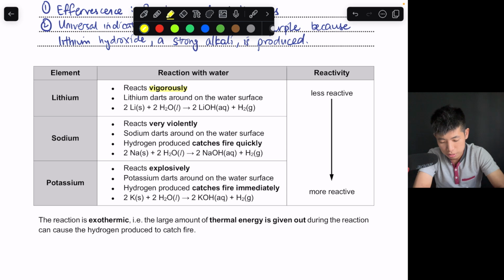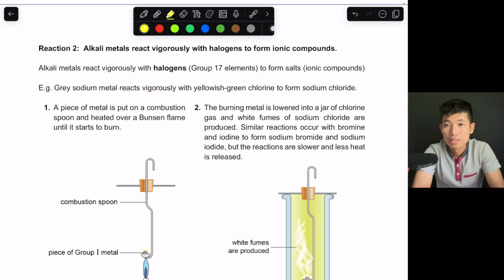Notice how we use different words to describe the extent and the speed of reaction involving the three different metals and water. The second kind of reaction involving alkali metals is that with other non-metals, for example halogens or group 17 elements. We all know that metals react with non-metals to form ionic compounds.